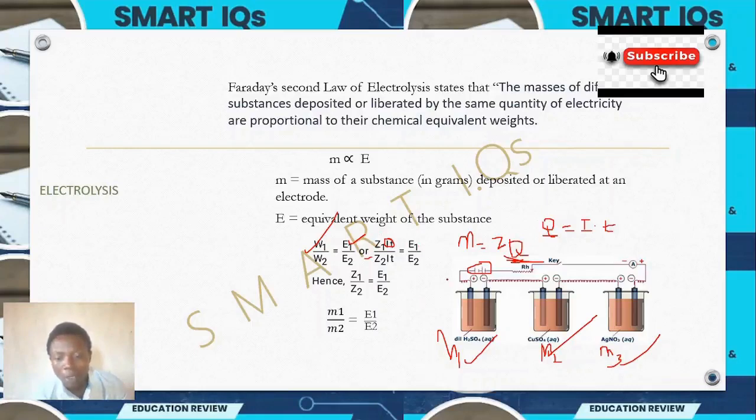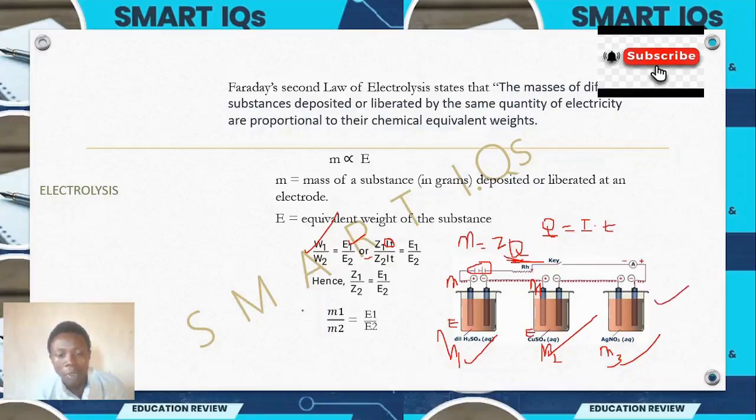So the mass here will also be proportional to the chemical equivalent of this, and likewise the mass here will be proportional to the chemical equivalent here, and the same thing here.